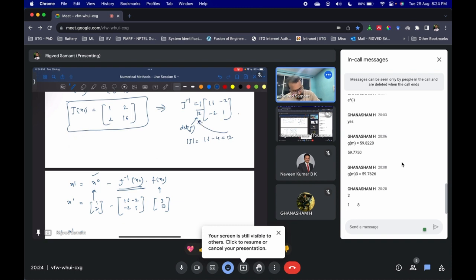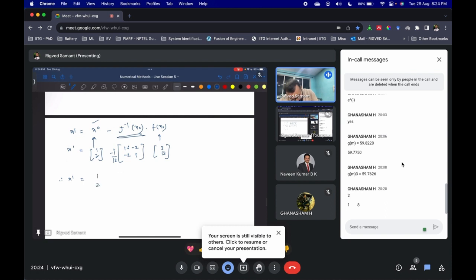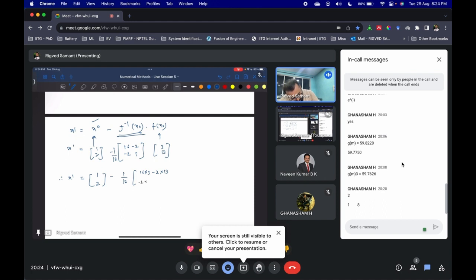So x1 is 1, 2 minus 1 divided by 12 into 16 into 3 minus 2 into 13, and minus 2 into 3 plus 1 into 13.